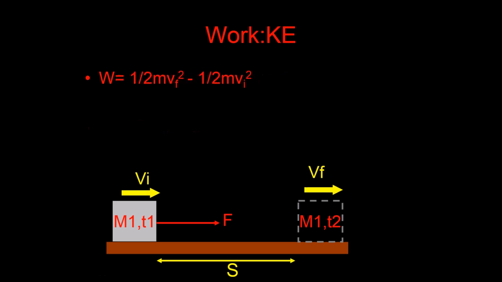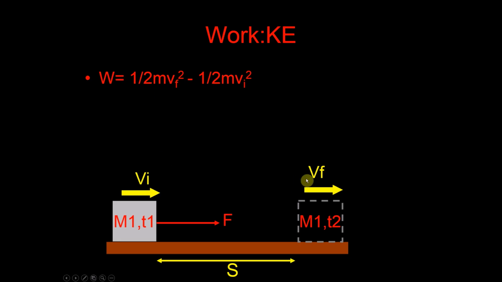Work, of course, is also given as a change in energy. So sometimes you don't necessarily need to engage with F equals ma and do complicated things with acceleration to backtrack your equations of motion. In many cases, you can just define your work as a change in energy.